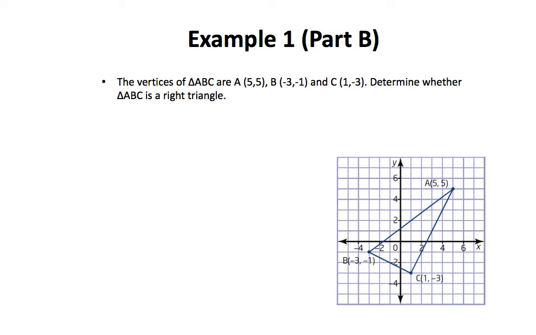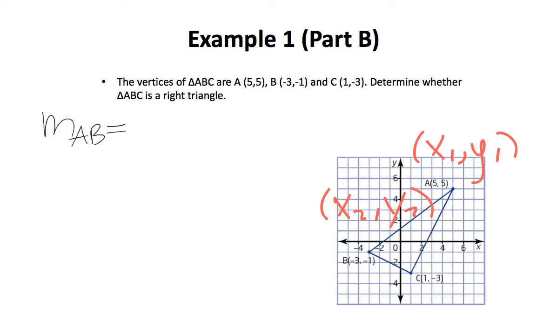Let's start with side AB. I'm going to arbitrarily call this point 1, and I'm arbitrarily going to call this point 2. We're going to begin with our slope equation, and I'm going to write a little subscript to indicate which side I'm calculating.